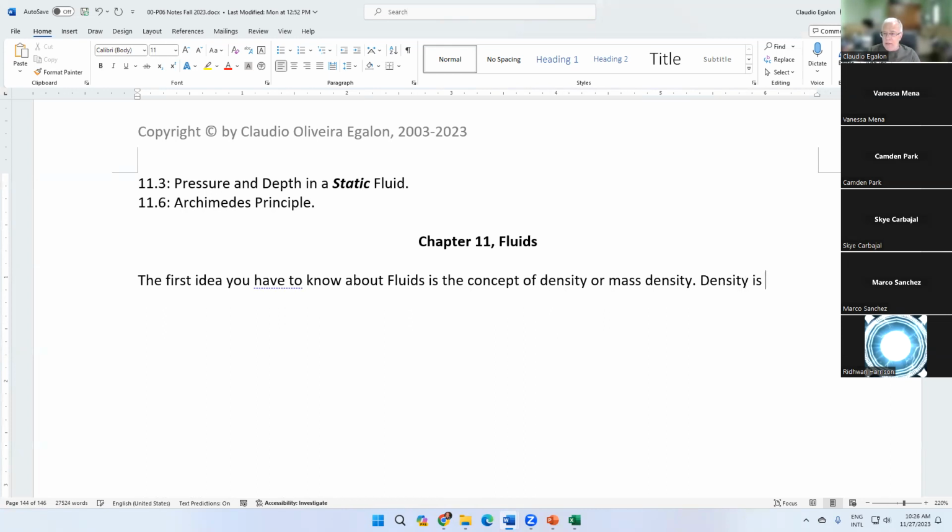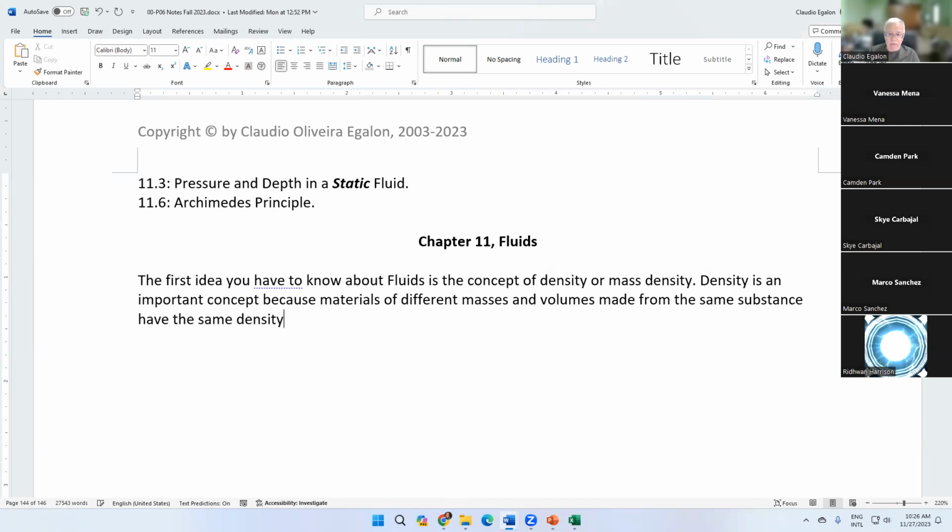Density, here you go, let's write it out. Density is an important concept because materials of different masses and volumes made from the same substance have the same mass density.